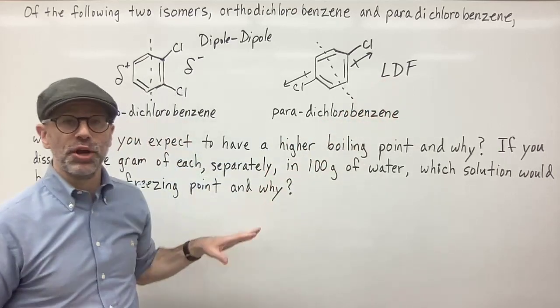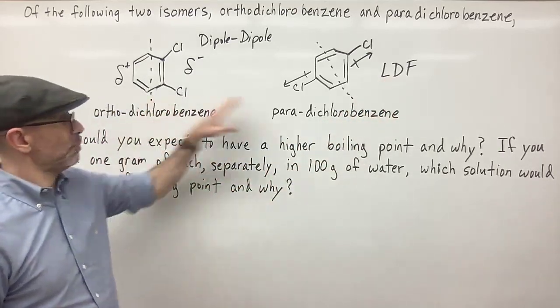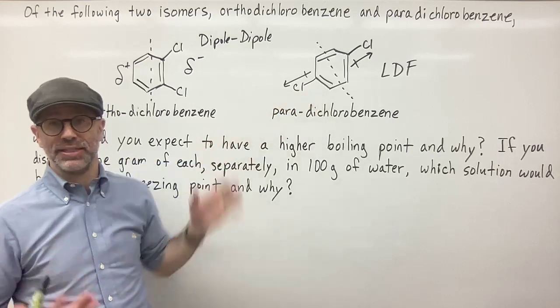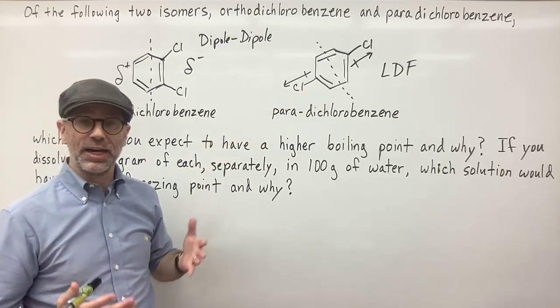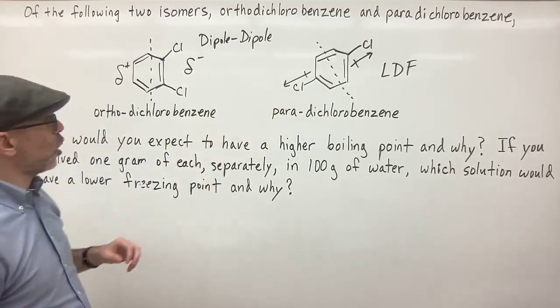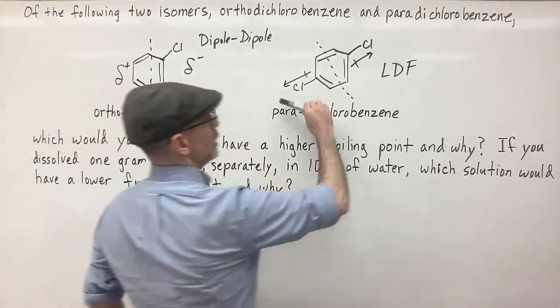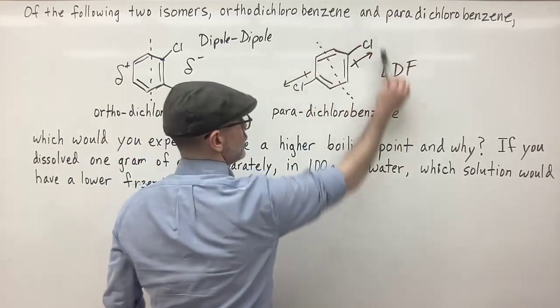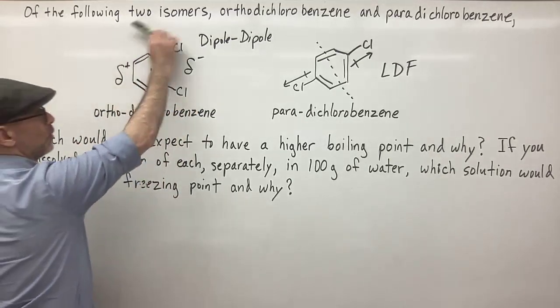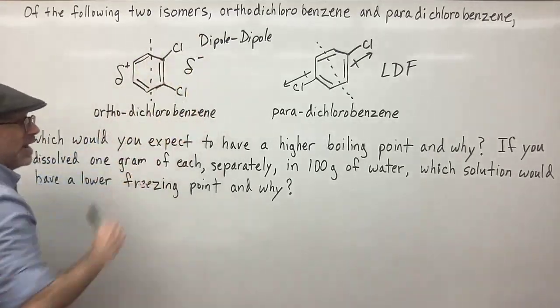But we don't have to worry about that here because these are pretty much identical in molar mass because they have the same number of atoms, the same kind of atoms. So that's not going to be a factor here. So the intermolecular forces for this isomer are going to be weaker than the dipole-dipole interactions for this isomer.